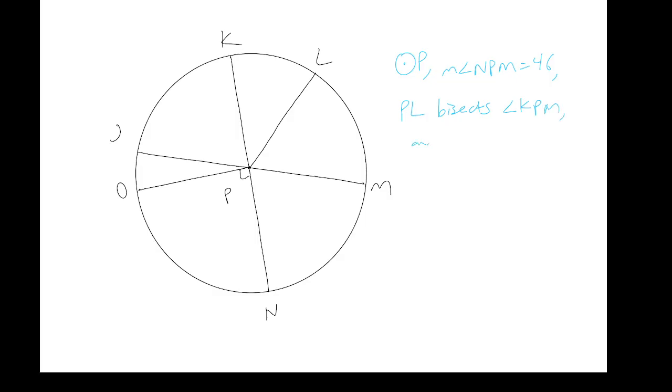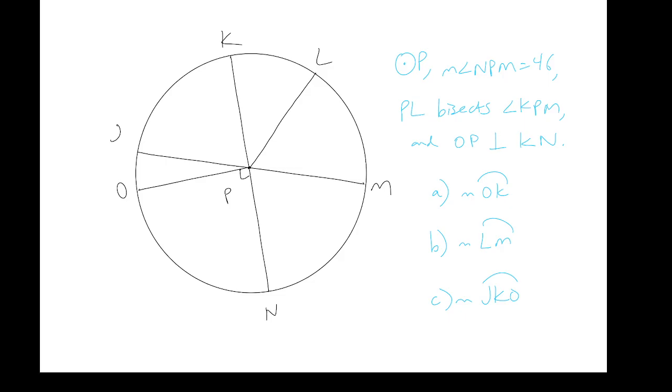And OP is perpendicular to KN, which is marked. I'm looking for three things now. Problem A is the measure of arc OK. Problem B is the measure of arc LM. And problem C is the measure of arc JKO.